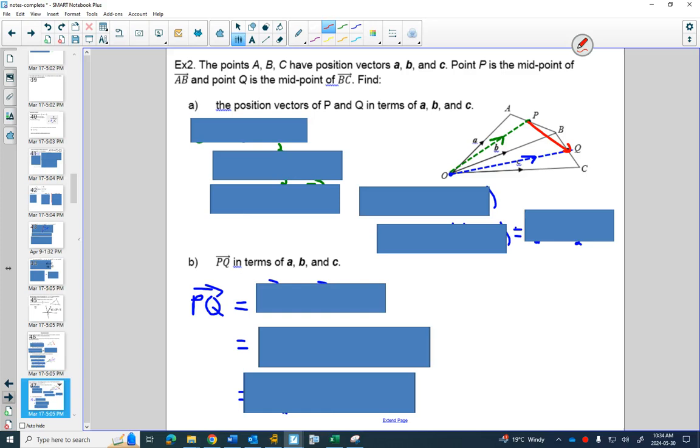But it's only allowed to travel along routes A, B, and C. What we know is P is the midpoint between A and B, and Q is the midpoint between B and C.